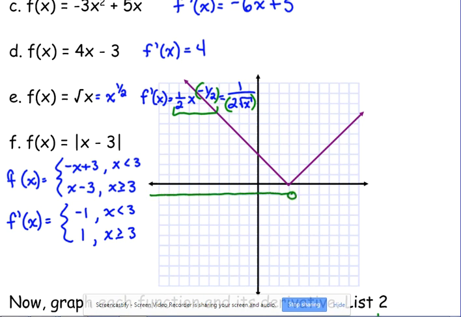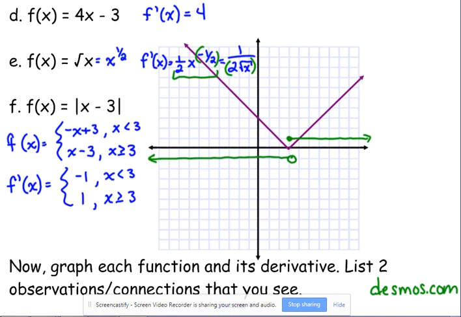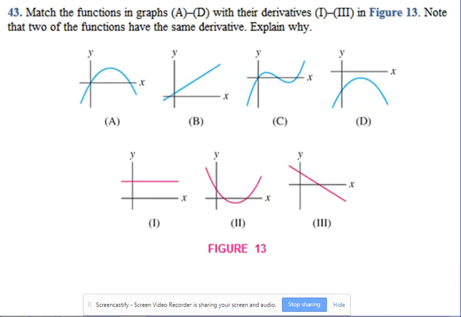Depending on where you put your open and closed circle, usually for your absolute value functions, their derivatives are negative 1 and 1. It just depends on where your vertex is, where those will change. But you always end up with these 2 horizontal lines with your absolute value functions.